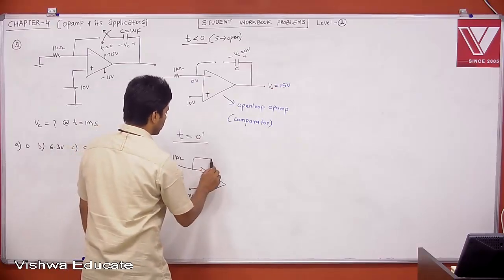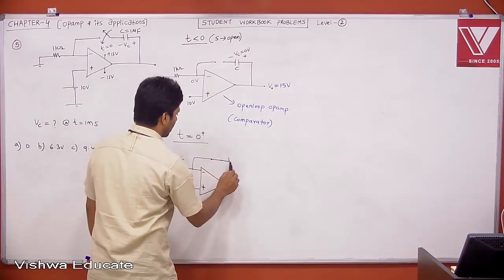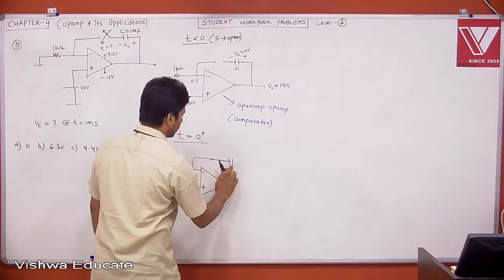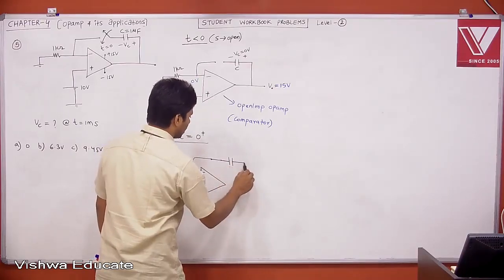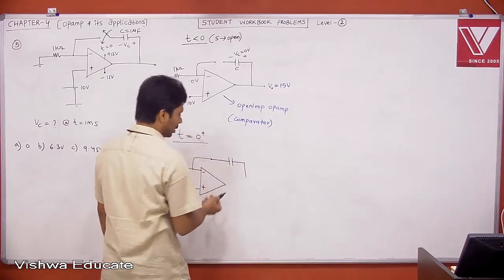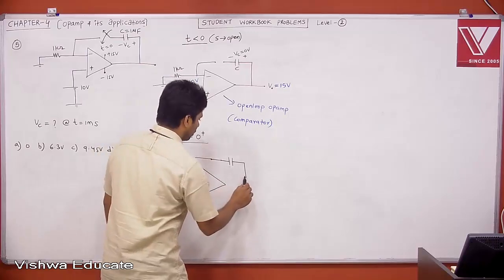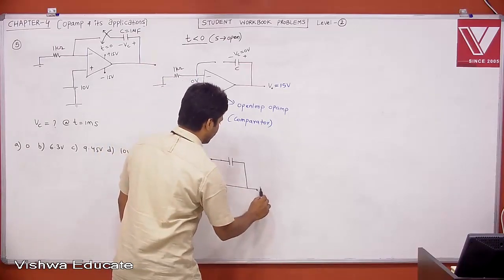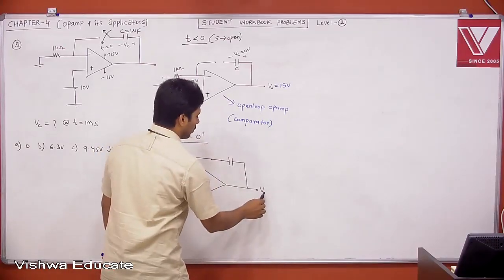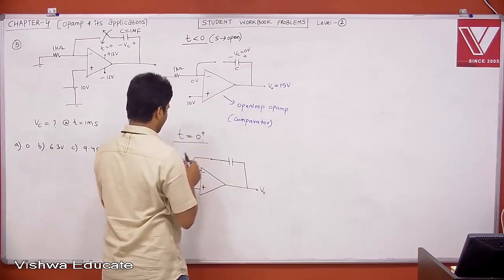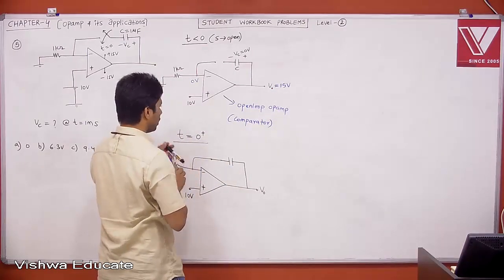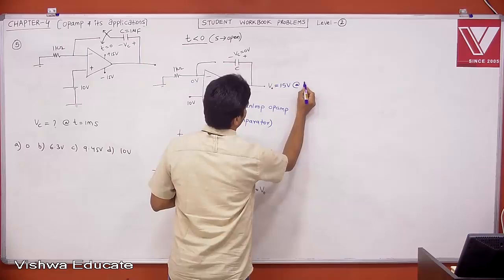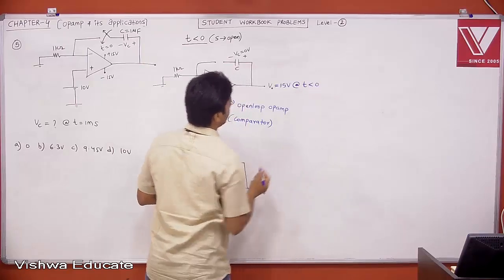Now the switch is closed. When the switch is closed, basically this is nothing but an integrator, right? That's fine. Now I'm speaking about time domain V0. Before closing, this is your V0. Your V0 is nothing but V0 at t less than 0, before closing the switch.